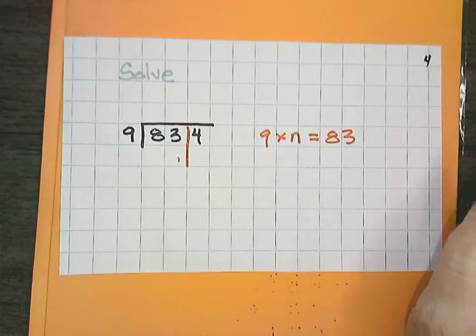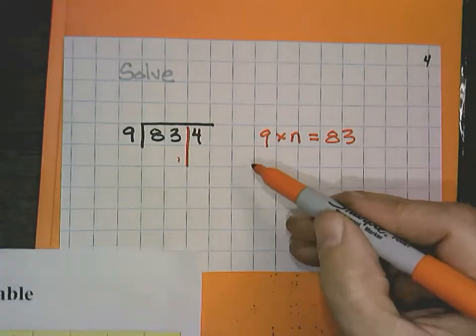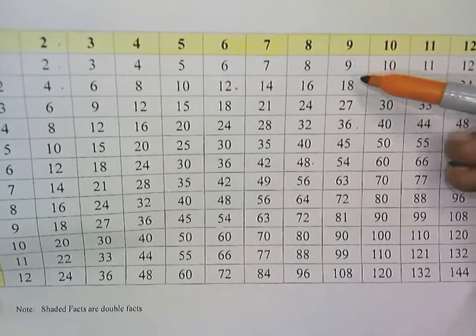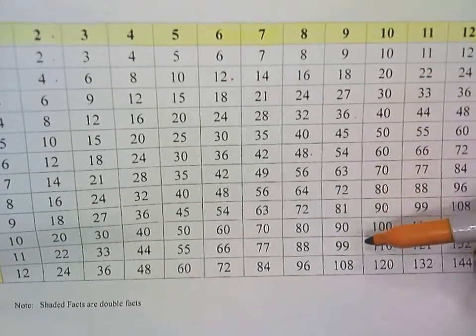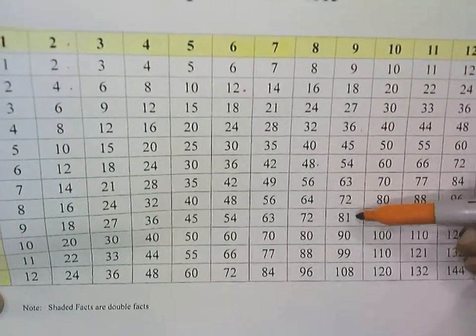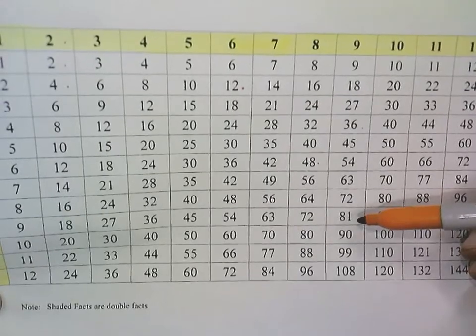And again, you can use your multiplication chart. I'll use it for this one. So we go with 9. And I'm looking for 83. Now I know we're not going to find it. It's not here. But the closest I can get is 81 without going over. So that would be 9 times 9.